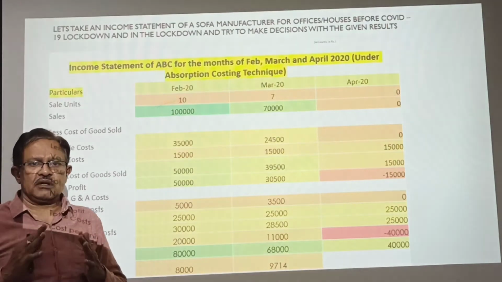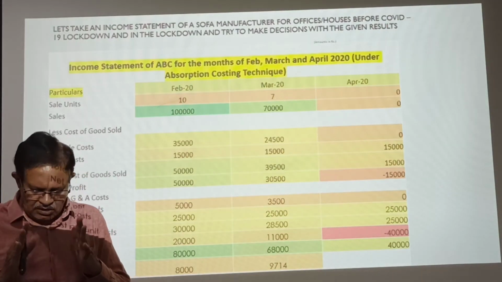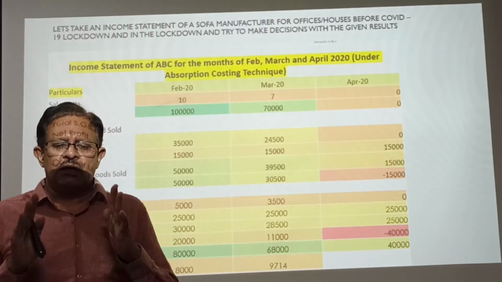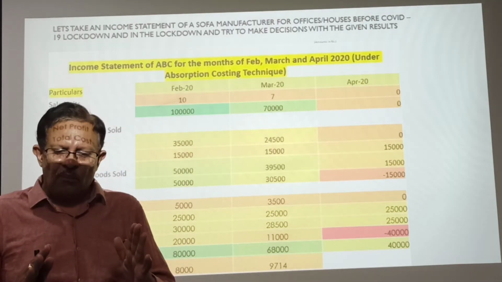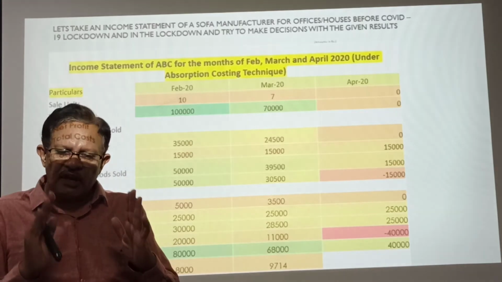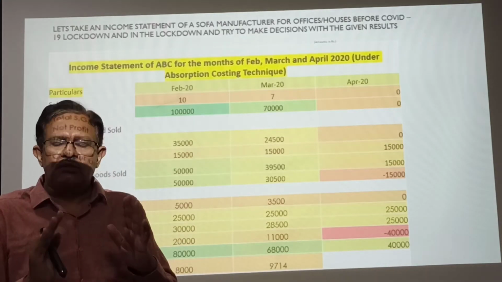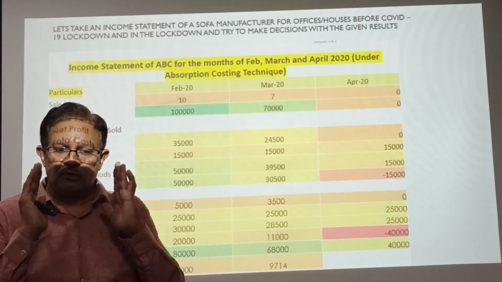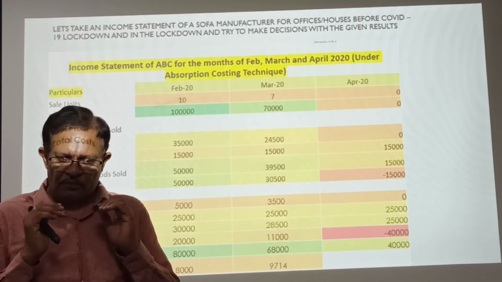Before going to this particular CVP analysis, one has to understand that every organization spends something towards various costs. They are going to spend many things whenever they are producing something.